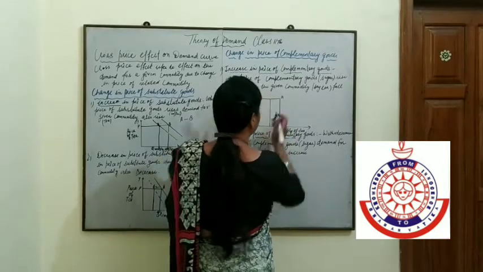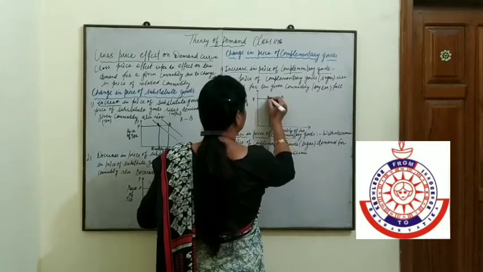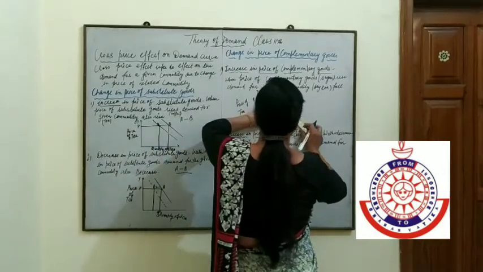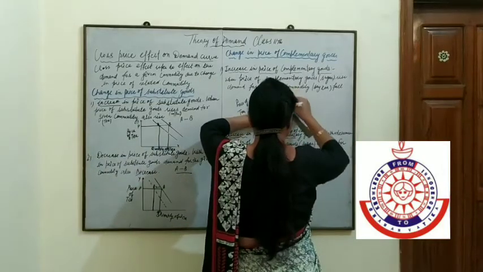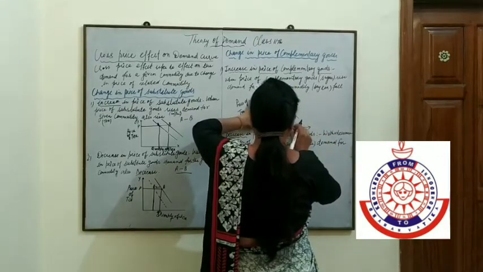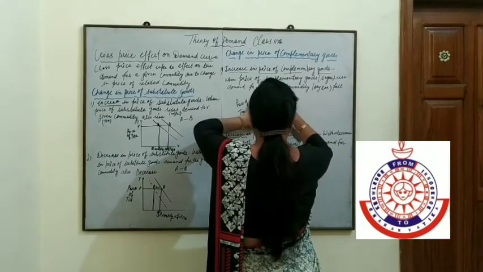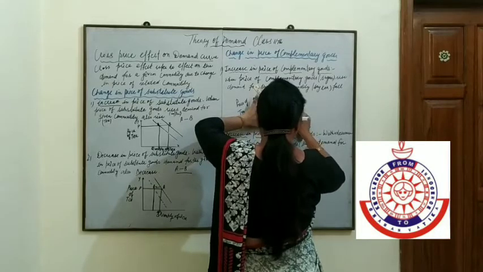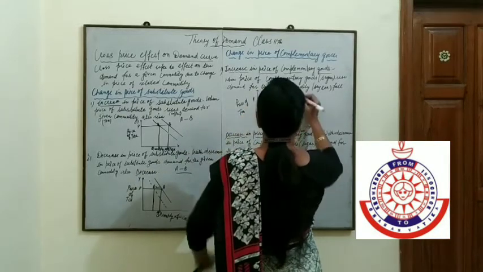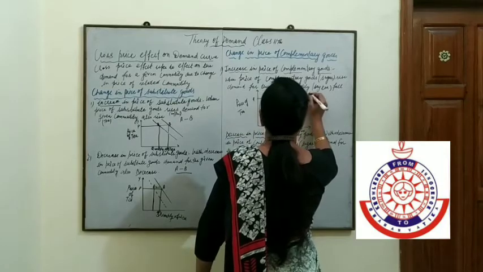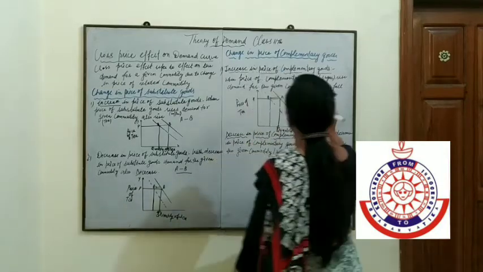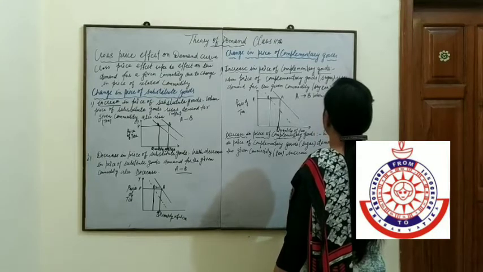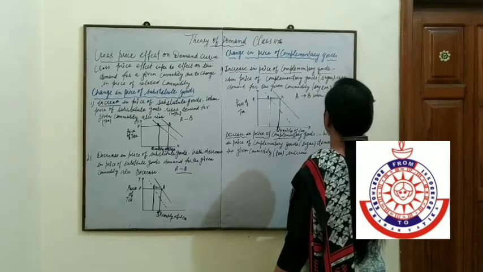So we come to the point from A to B whenever the price of complementary goods rises.